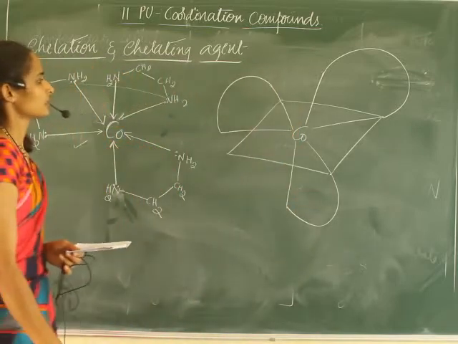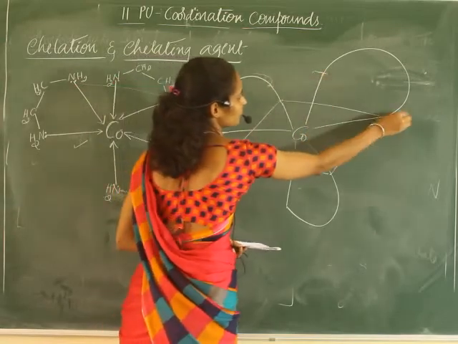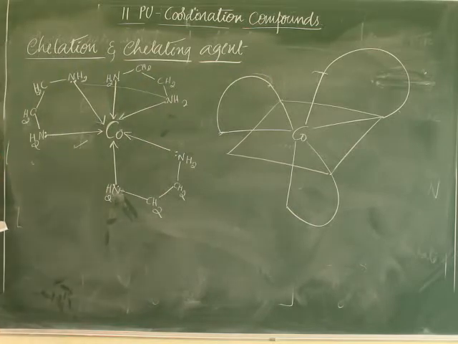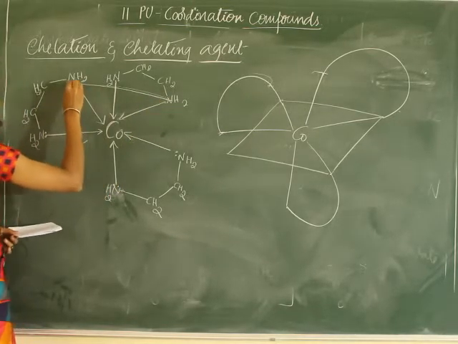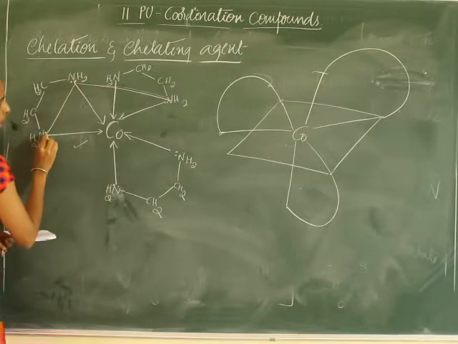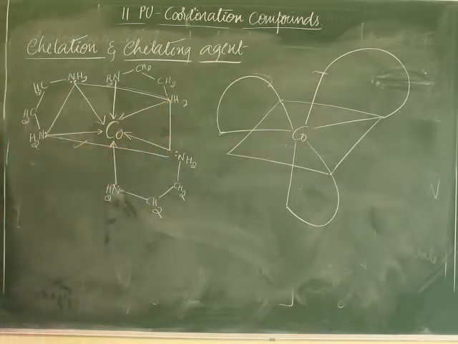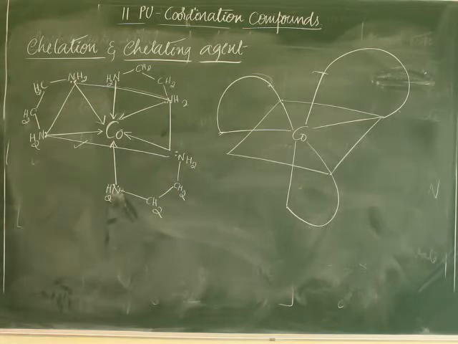This represents an en group. Okay, this is about chelation.